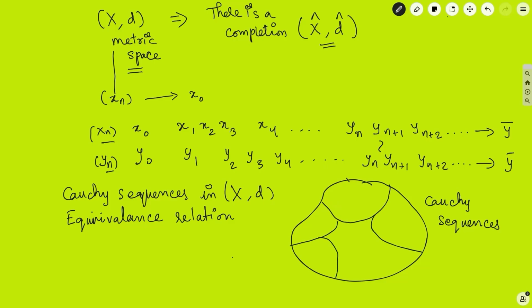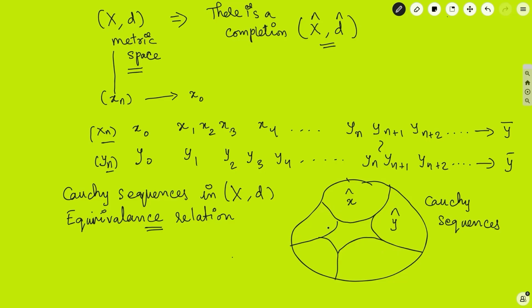You're just going to break this entire space of all Cauchy sequences into different classes using this equivalence relationship. Well, maybe many of you don't know what an equivalence relationship is and how it gives us this breaking down of the entire space into disjoint classes.